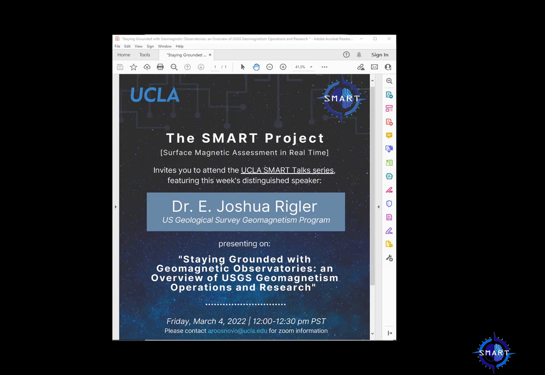Josh's work covers multi-spectral solar image feature classification, solar wind radiation belt dynamical coupling, magnetosphere ionosphere coupling, and for the past 10 years, geomagnetically induced currents, GICs, in Earth's ground level technology infrastructure. Dr. Rigler is currently a research and development geophysicist in the geomagnetism program at the USGS Geological Hazards Science Center in Golden, Colorado.